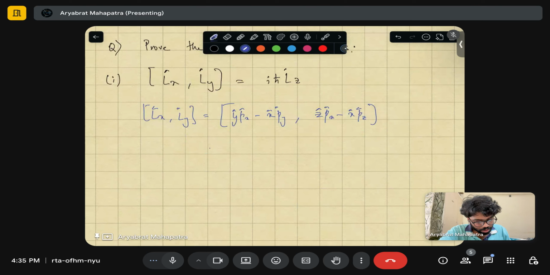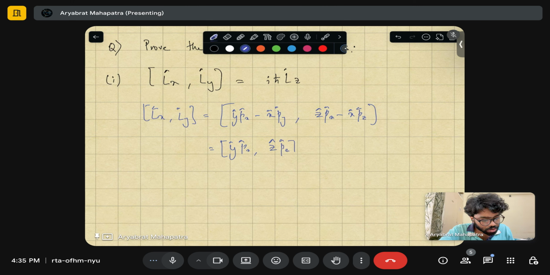So if you open this commutator and solve it term by term, let's first take YPX, then ZPX.